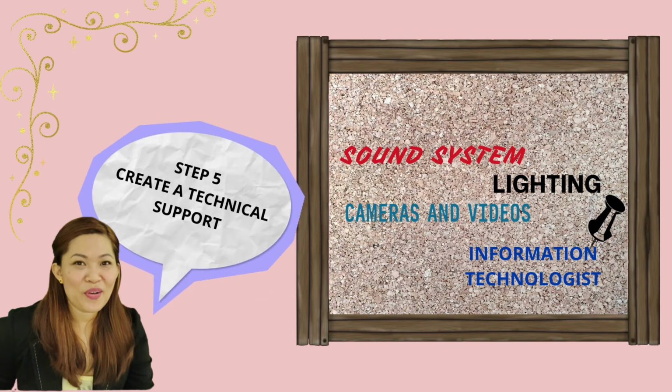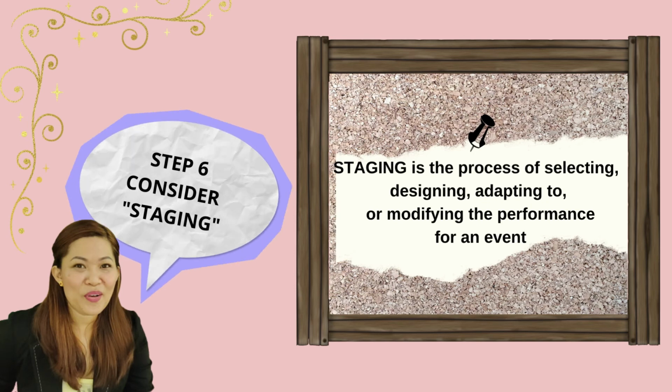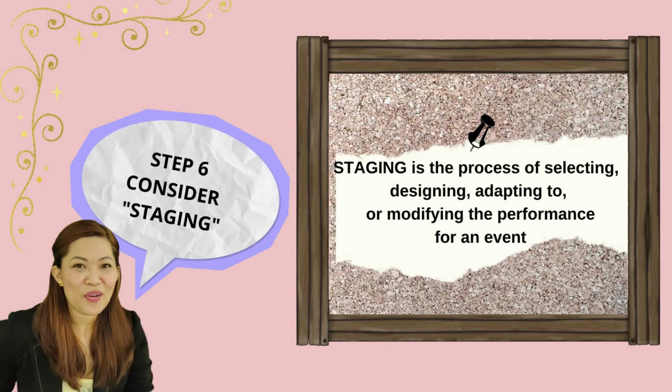The technical support team will also be handling the sound system, another department for lighting, another department for cameras and videos, and also having information technology would make everything run smoother and easier for the event.